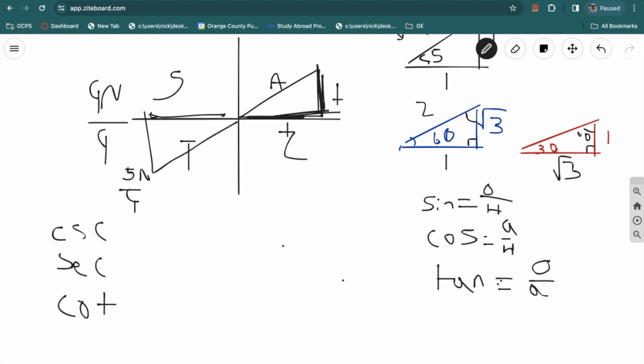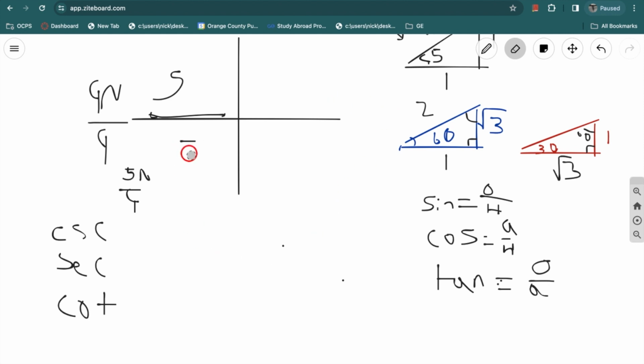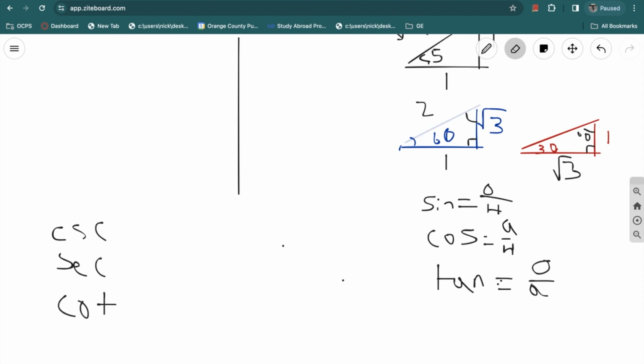Now it's important to know what cosecant, secant, and cotangent are. They're basically the inverses of sine, cosine, and tangent. The way to memorize it is cotangent. It's pretty self-explanatory. It's the inverse of tangent.